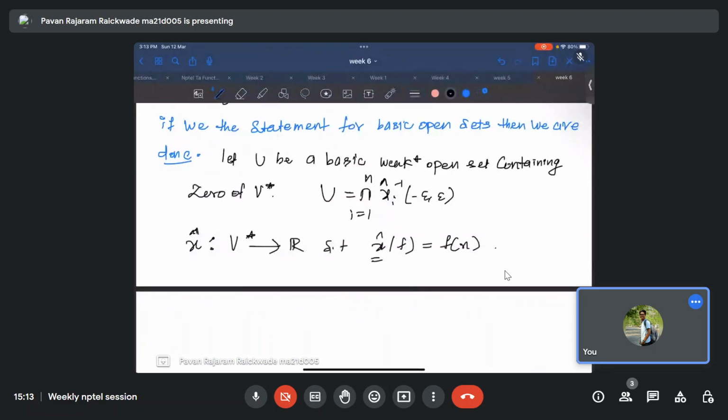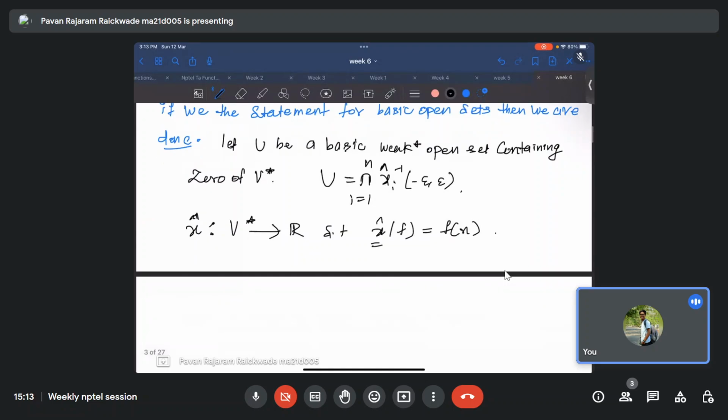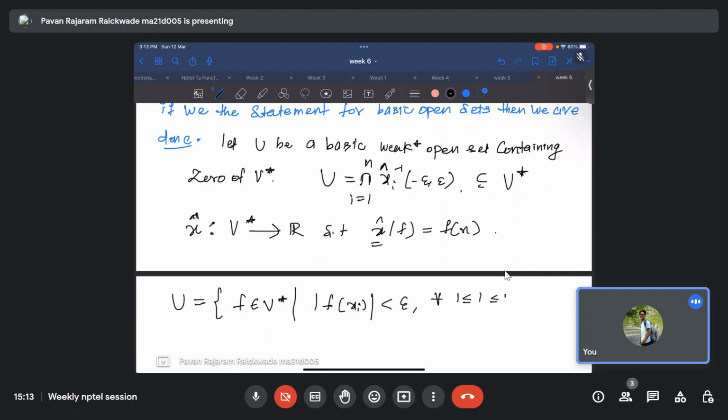I can think of it like that without loss of generality. Even if I prove it for this kind of open set, I'm done. If I write U in a different way, U is a subset of V star, the set of all f in V star such that modulus of f at xi is strictly less than epsilon for all i going from 1 to n.